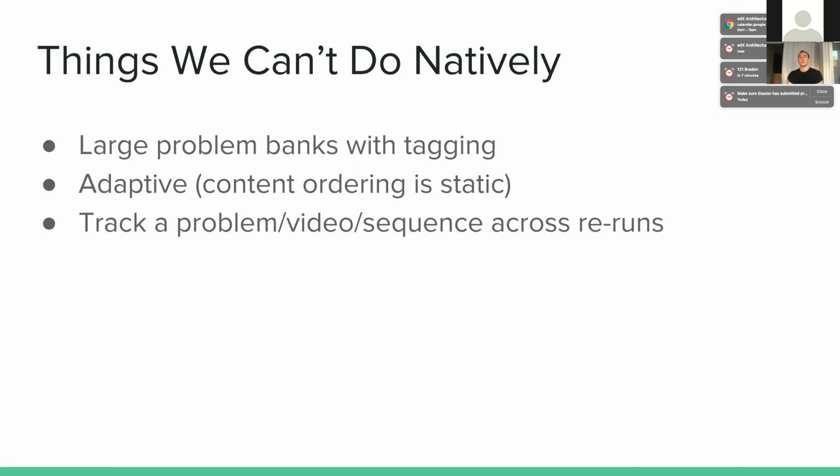So Harvard wrote a paper about this, that when they did their adaptive system, it was this heroic effort where they had edX as an LTI, like they had chained LTI basically.